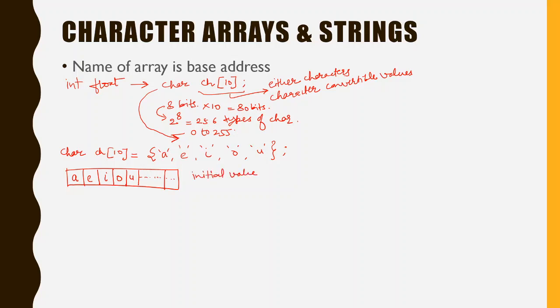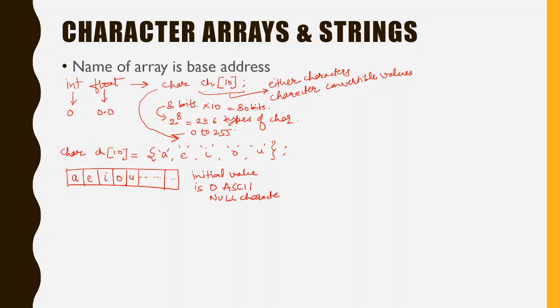In the case of integer, the initial value was 0, and in the case of float, the initial value was 0.0. In the case of character, the initial value is also 0, but 0 as an ASCII value, and the ASCII value 0 is the null character.